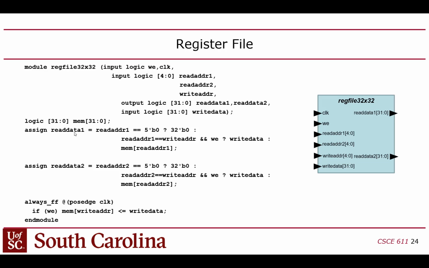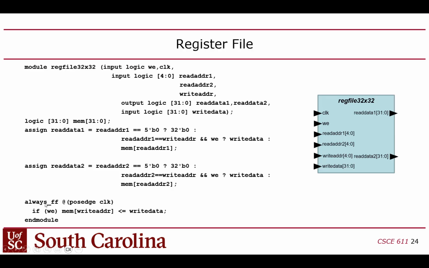I think the one that we give you in the project skeleton actually puts these in a combinational always block, because the TA that wrote that preferred that style. And then there's an always_ff that handles the write logic, right? So even though there's just one memory, the behavior is being deployed in 2 assign statements and an always block, but they all reference this mem, right?